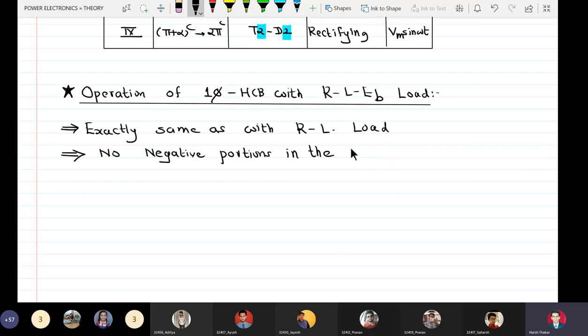No negative portions in the VL waveform as found in half controlled rectifier.